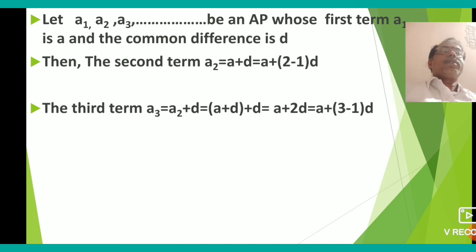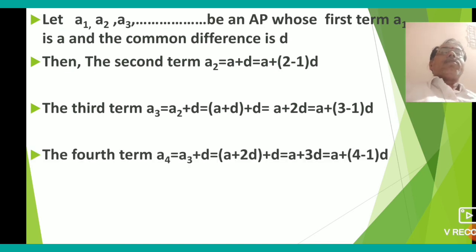See the process carefully. Now the fourth term. We can say easily A4 is equal to A3 plus D, that is A plus 2D plus D. Here A3 is nothing but A plus 2D, so adding D again we get A plus 3D. Again 3 can be written as 4 minus 1.